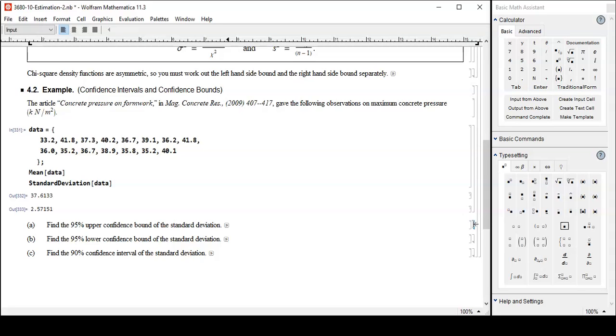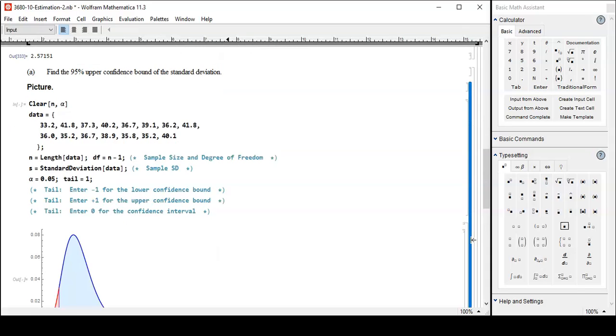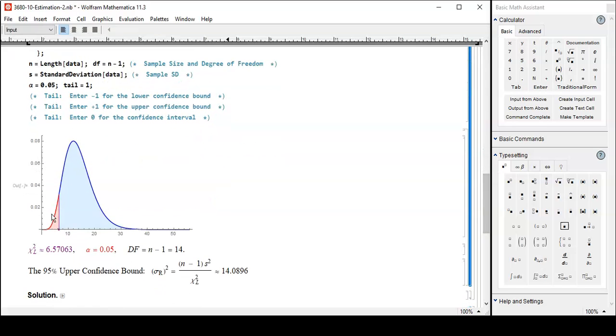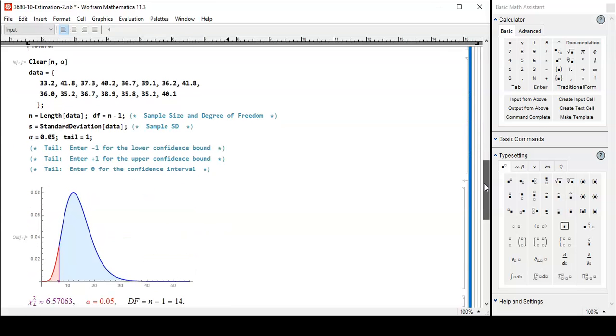All right, find the 95% upper confidence bound of the standard deviation. Here's a picture. We have this asymmetric picture.